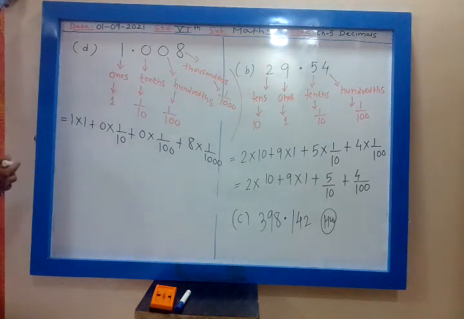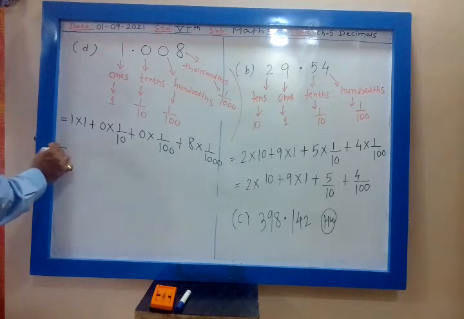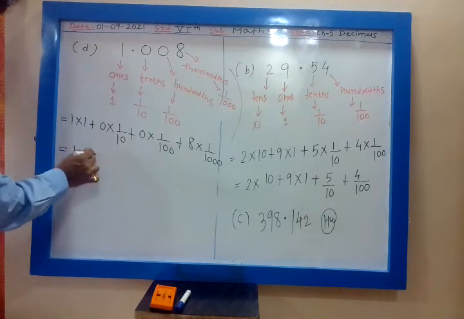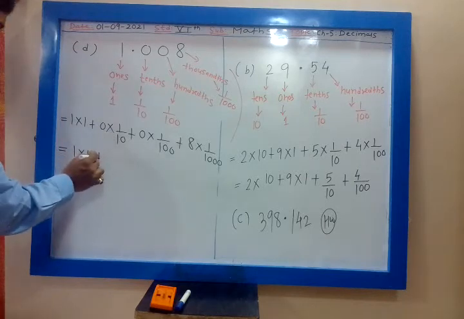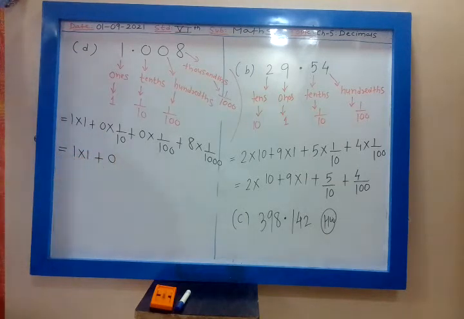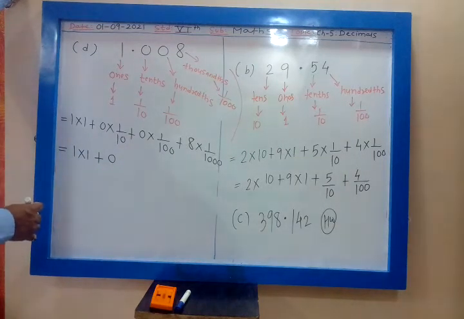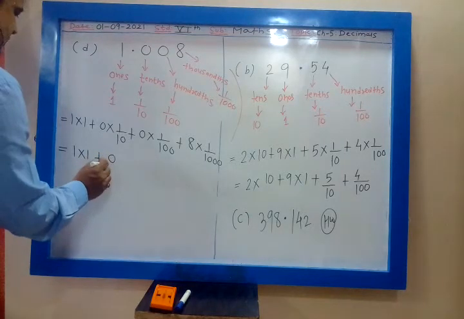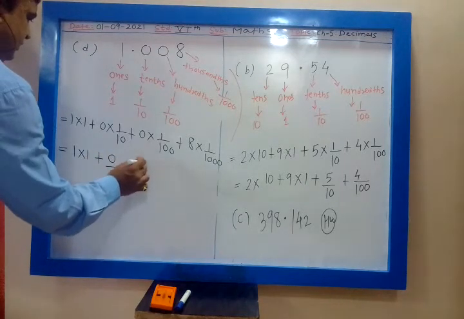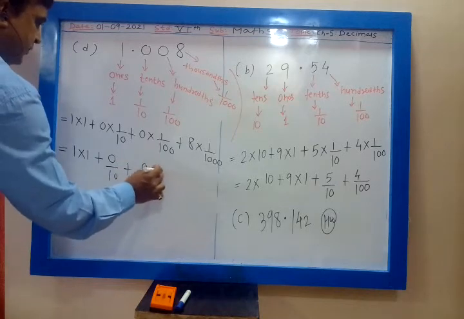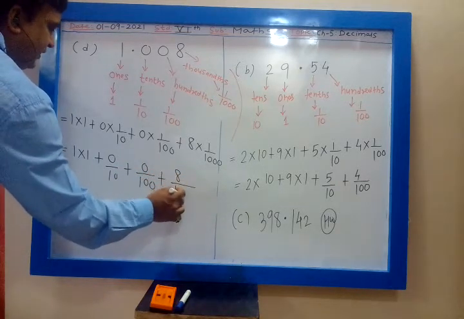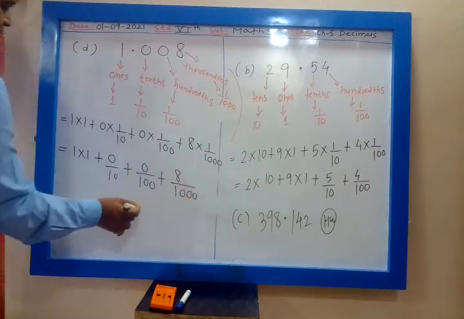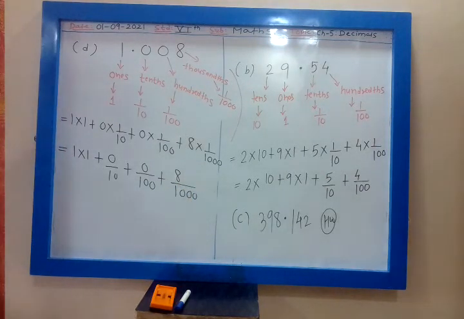So this is 1 into 1 plus 0 multiplied by this, which will be 0. So this is 0 upon 10 plus 0 upon 100 plus 8 upon 1000. And this is the expanded form.